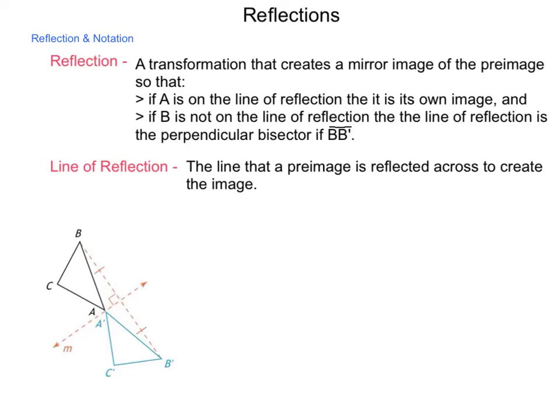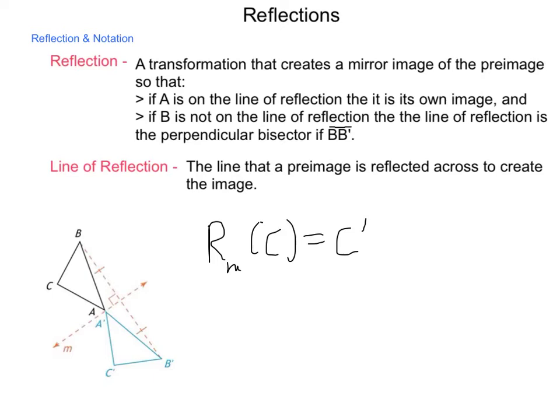Now, the way that we can write and notate these reflections is, if we want to do a reflection across M, we say R sub M of C equals C prime. And what this says is the R stands for reflection, the M tells us what we're reflecting across, and then what it is that we are reflecting becomes the new image.